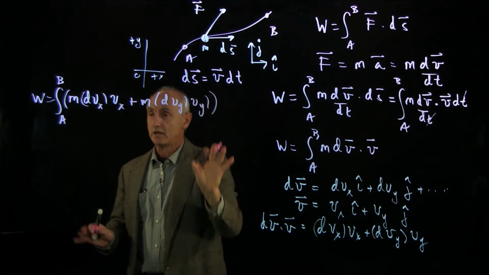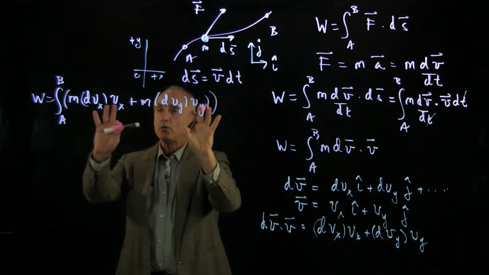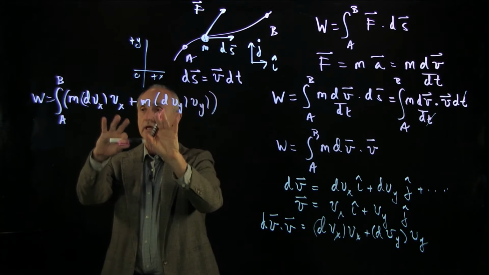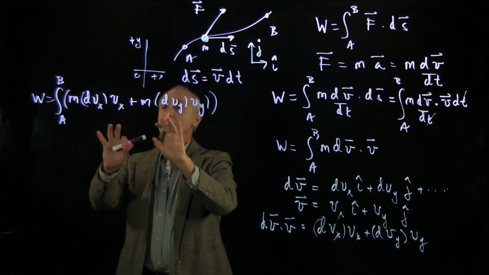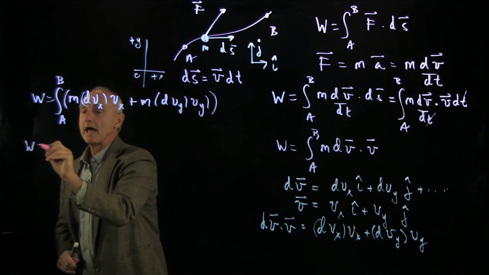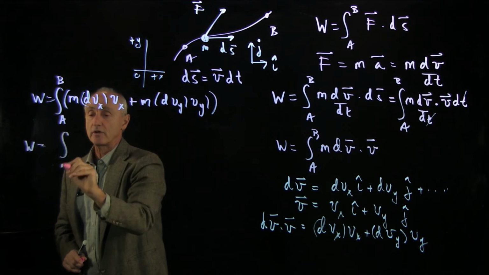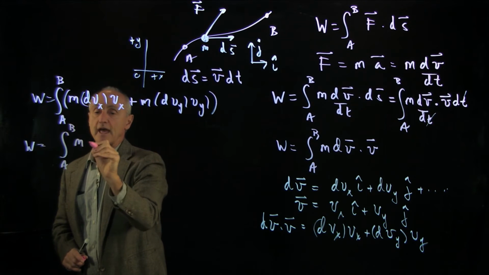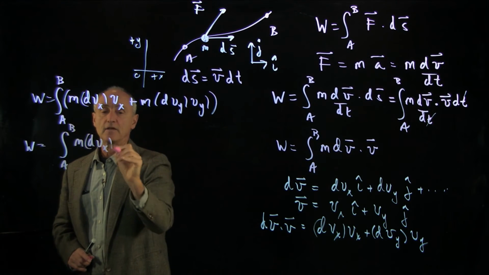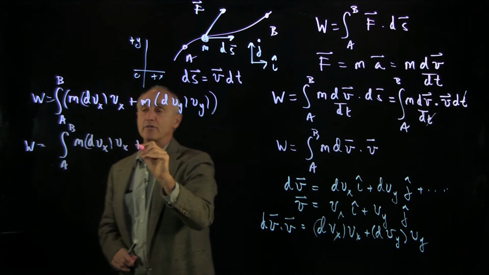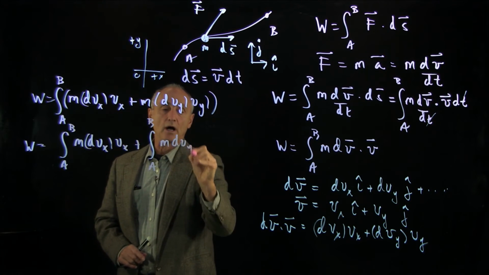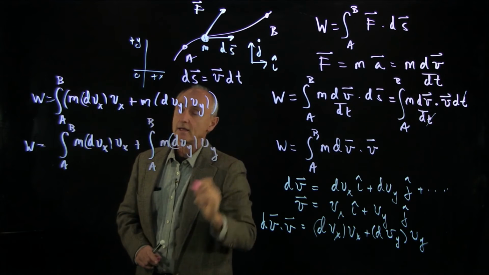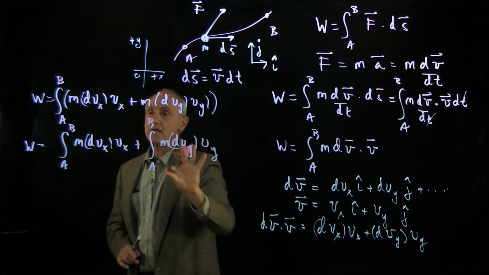Now, what we have here is a sum in the integrand. But by the rules of integration, we can rewrite this integral as 2 separate integrals from A to B of m dvx vx and from A to B of m dvy vy. And now we can integrate each of these separately.